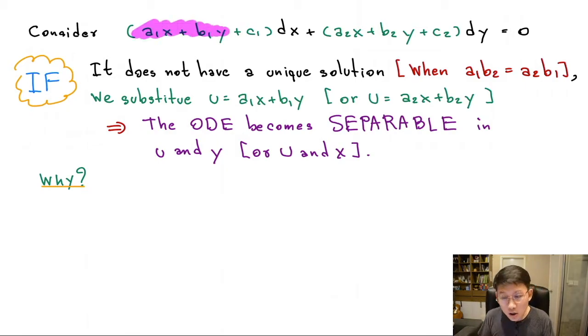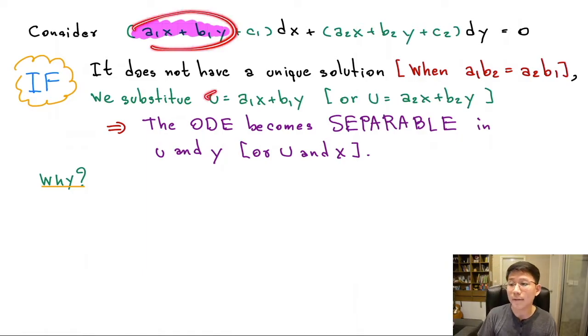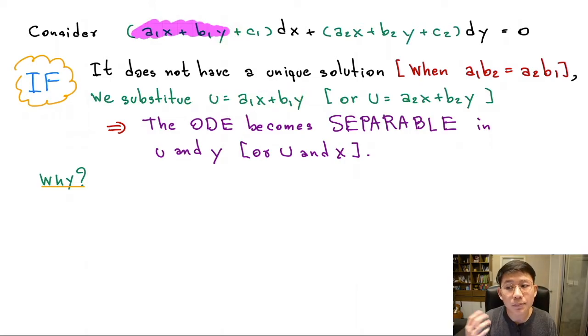Or you can let the other one be u as well, but I would recommend you to stick with just one of them, otherwise you need to remember many things. Just let this guy be u. And the ODE becomes separable in u and y.